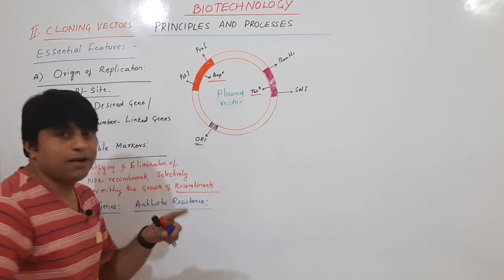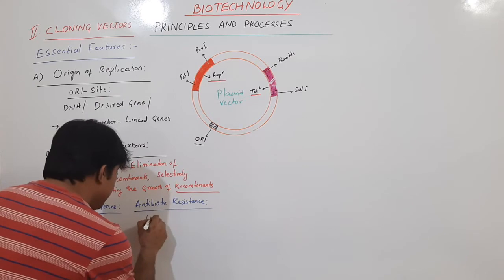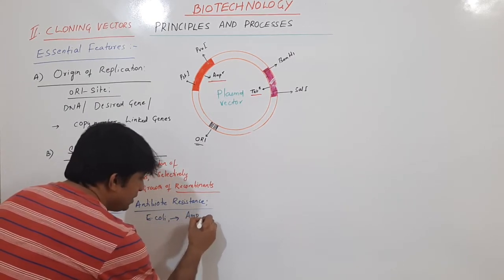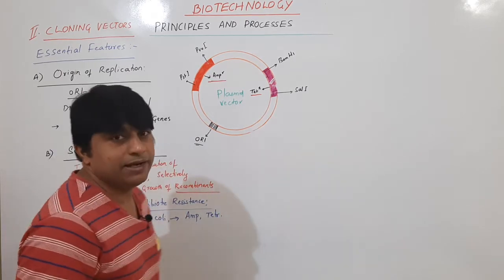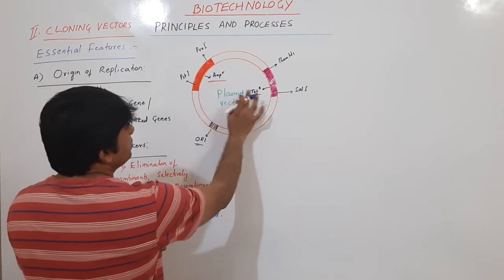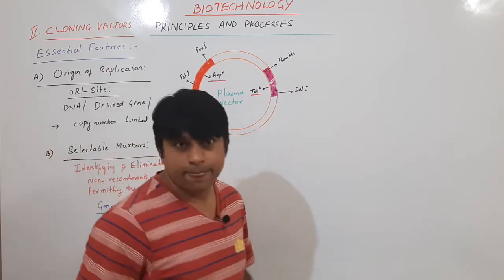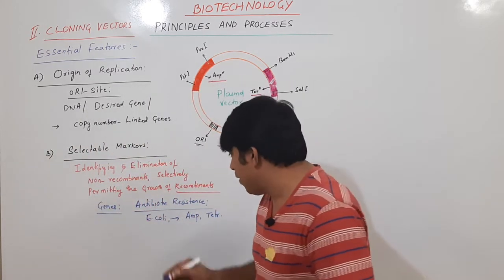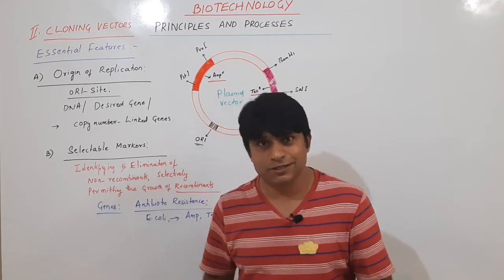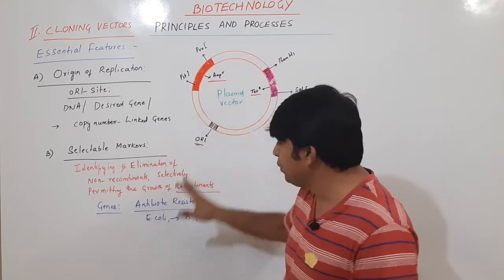The most commonly used antibiotic resistance genes for E. coli are ampicillin, tetracycline, kanamycin, etc. Here I have shown you two. One is ampicillin, one is tetracycline. And generally these antibiotic resistance genes are normally not found in E. coli cells, right?